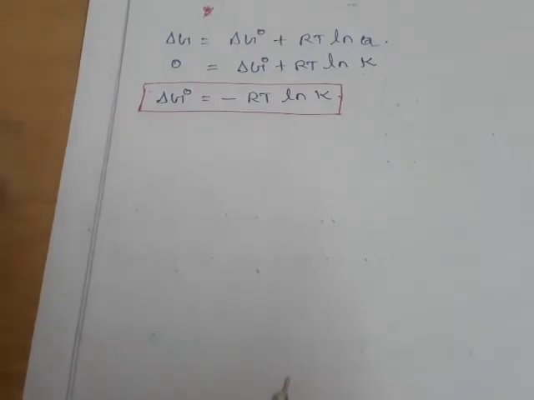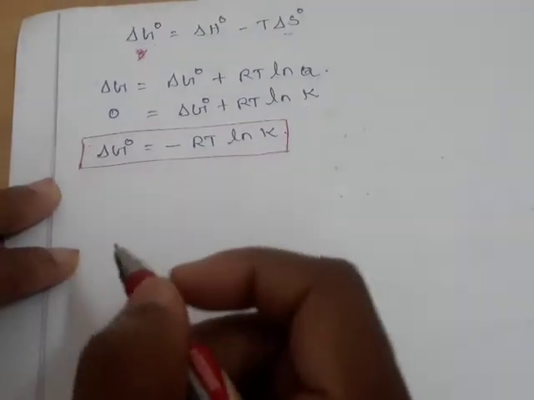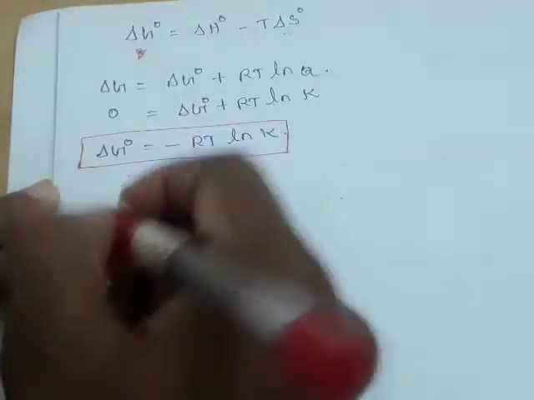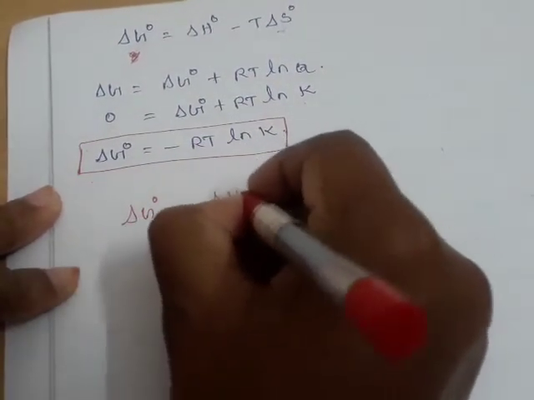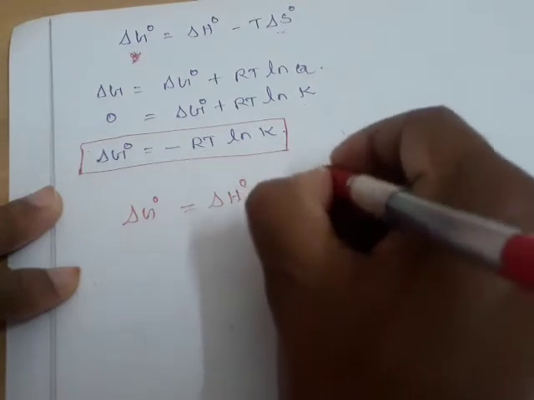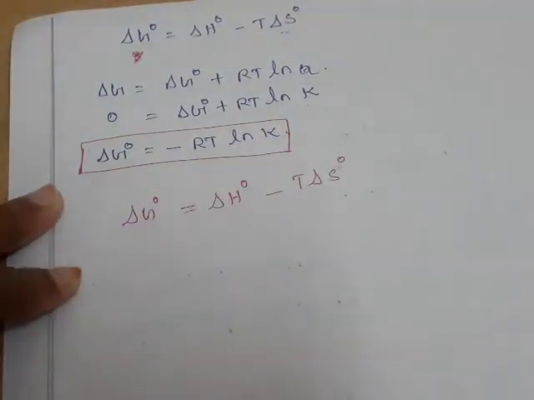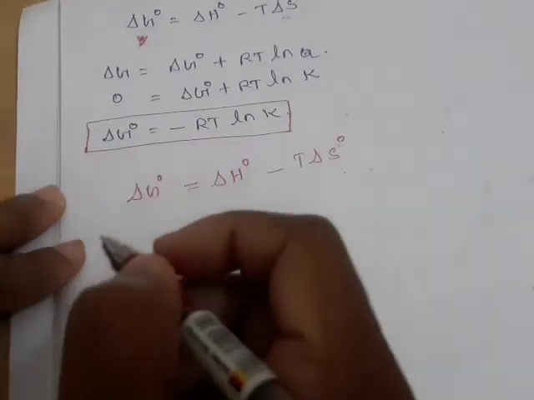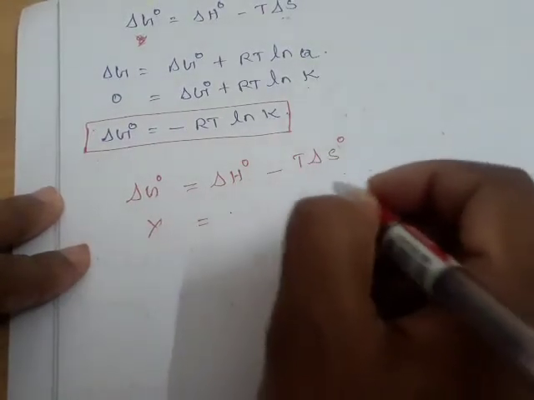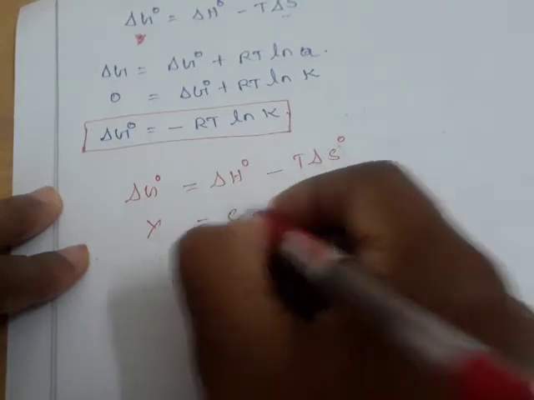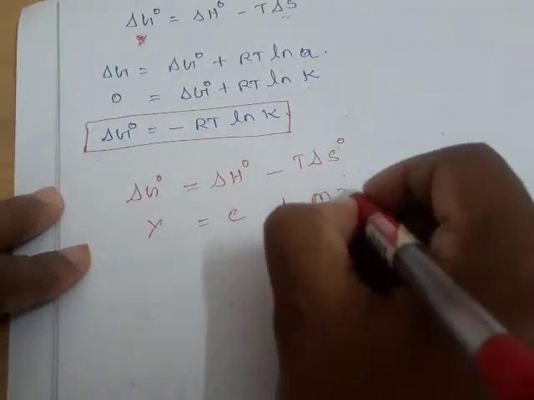Okay. Now we are going to see the straight line equation. This is the straight line equation: del G naught is equal to del H naught minus T del S. In the straight line, already you know the straight line equation formula, y is equal to mx plus c. Here you write it as c plus mx.